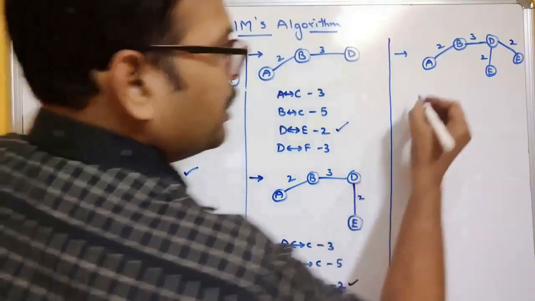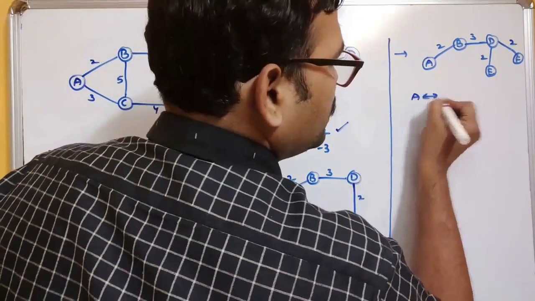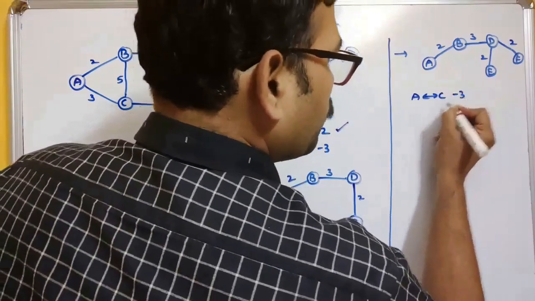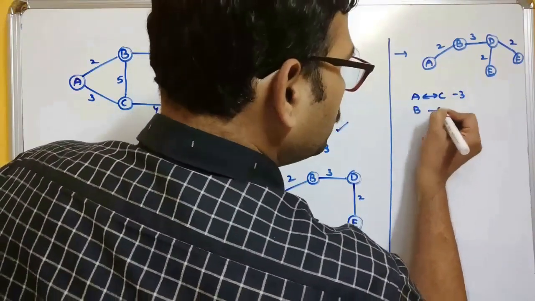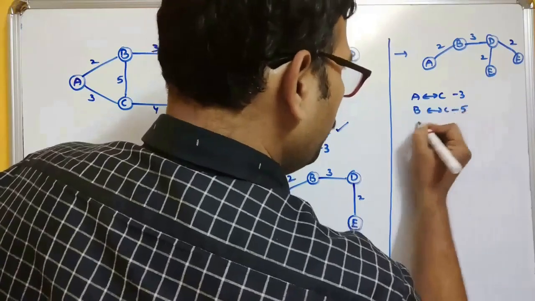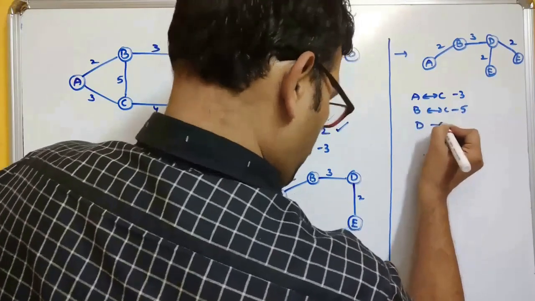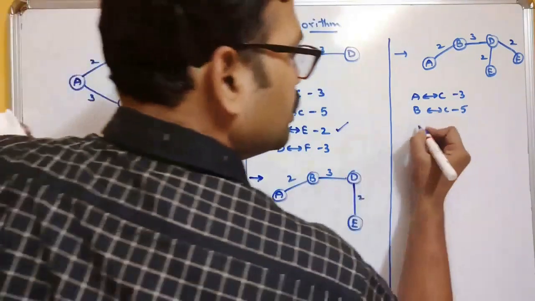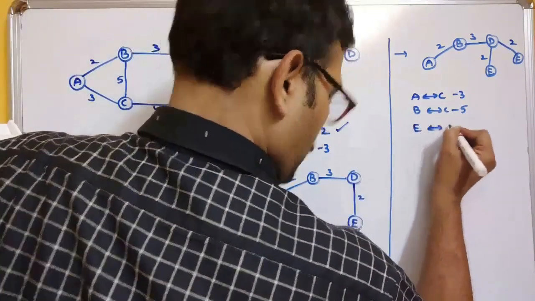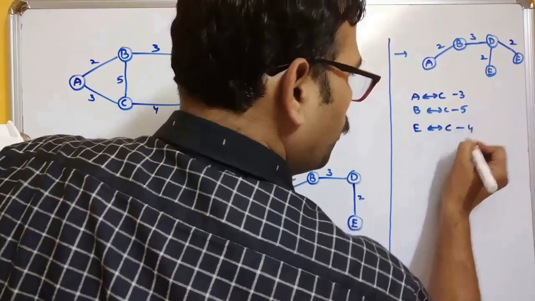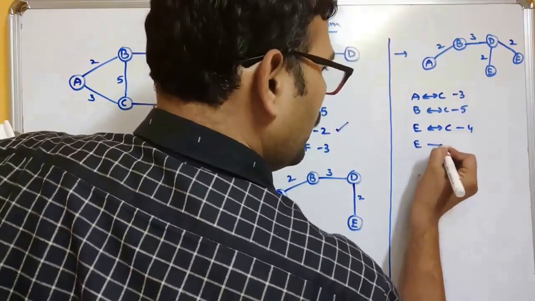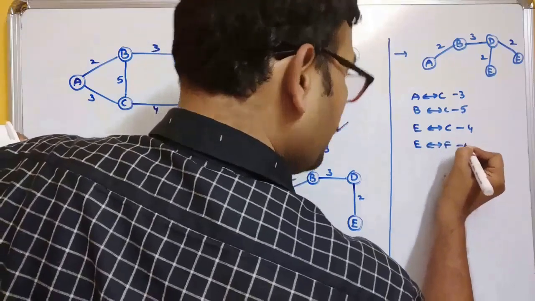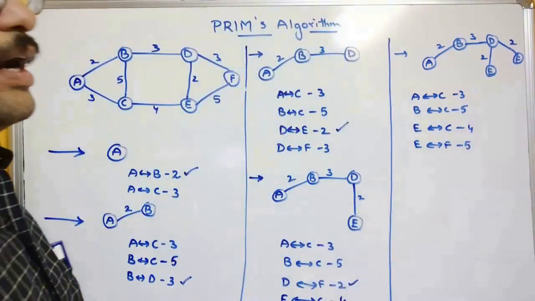So what are the remaining edges? A to C with a cost 3, B to C with a cost 5, E to C, D to F is completed. So E to C with a 4, E to F with a 5, right?